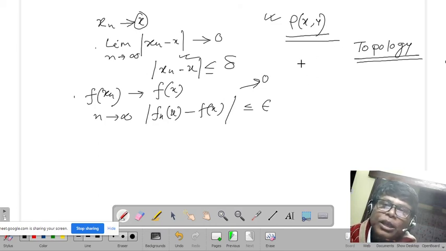So we are studying, with the help of algebra, the geometry of the problem itself. Studying geometry in terms of algebra is known as topology, and metric space is the beginning of topology.